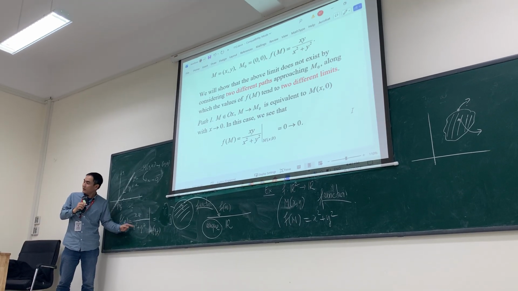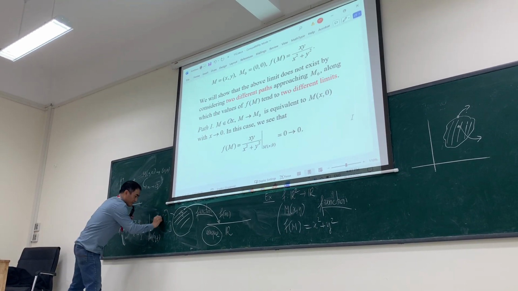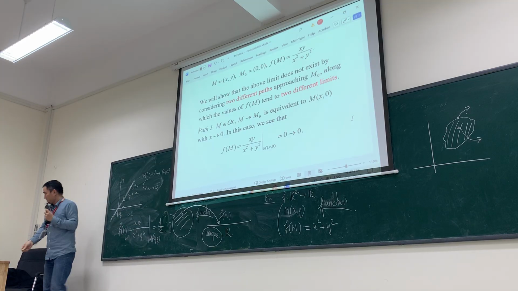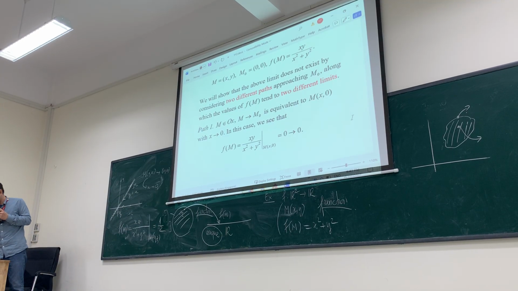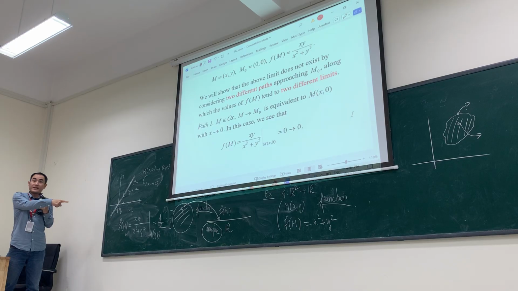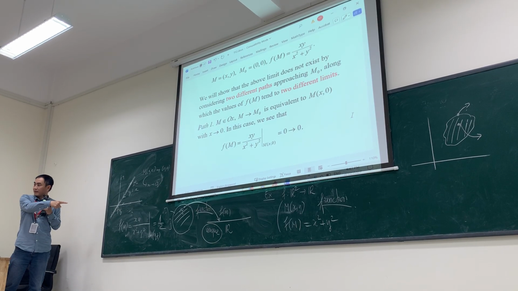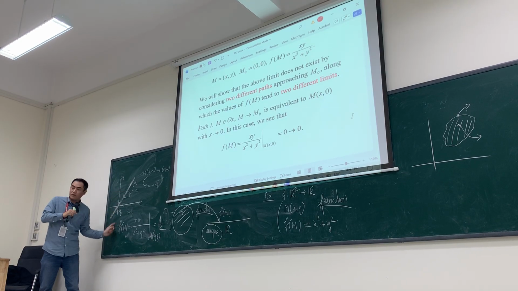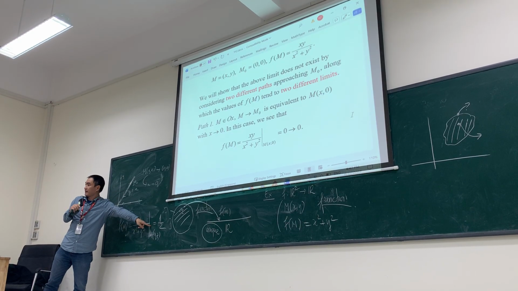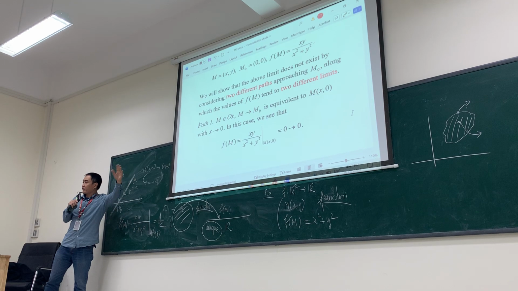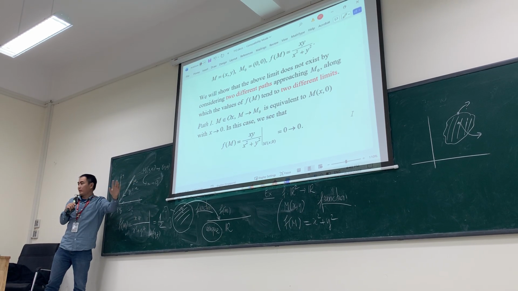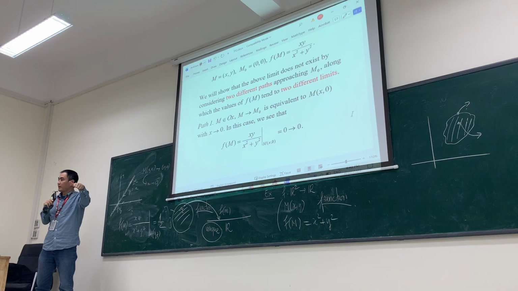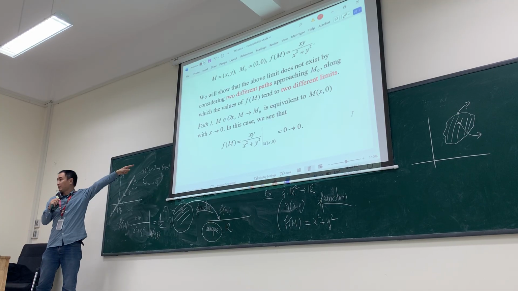We can reduce, and it equals one half. This means when M belongs to this line, the function value f tends to one half, different from 0. Does that mean we have two ways of tending to M0 where the value f tends to different limits? So we have a conclusion about the nonexistence of this limit.